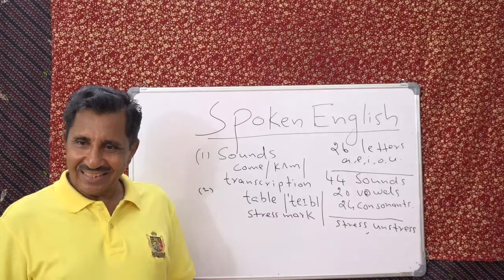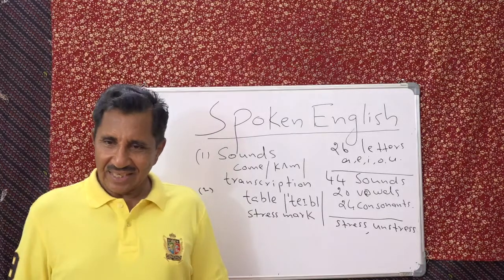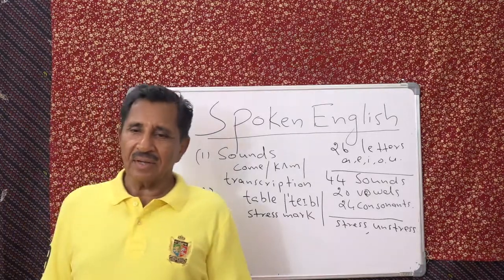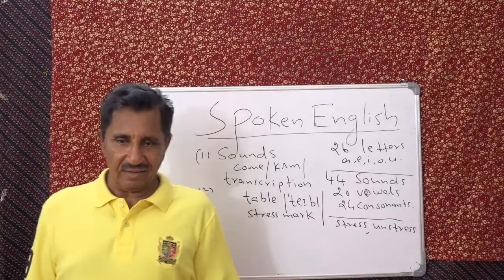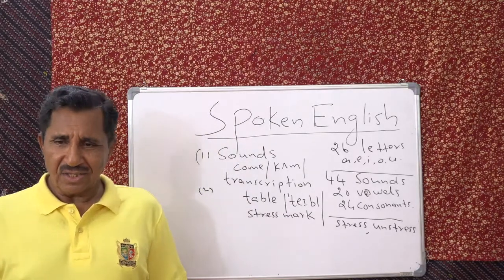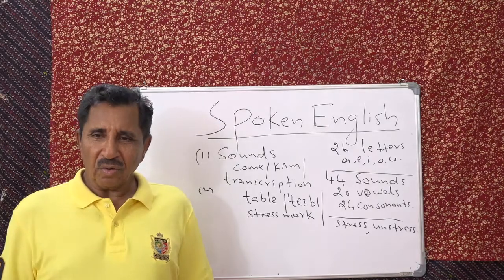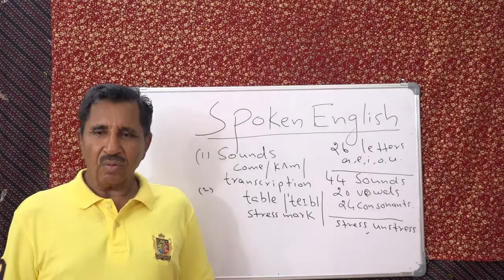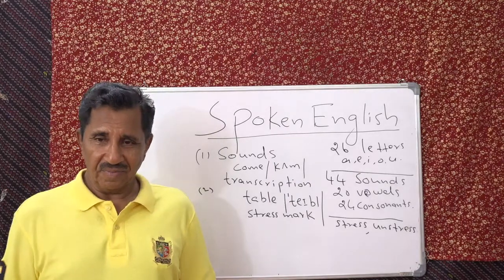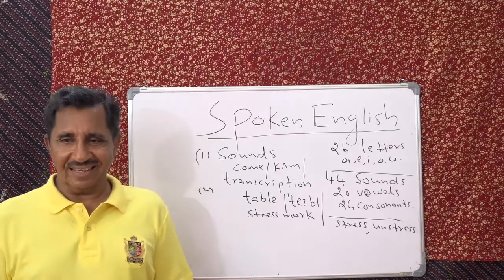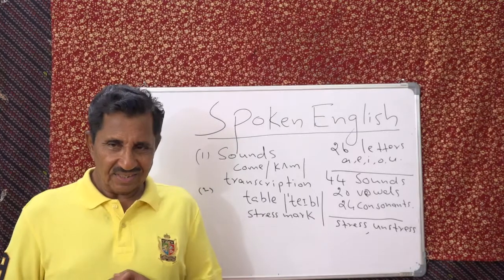Better, isn't it? Table. Chair. Sofa. Don't say sofa wrongly. Furniture. You don't say furniture wrongly. Furniture. Understand?